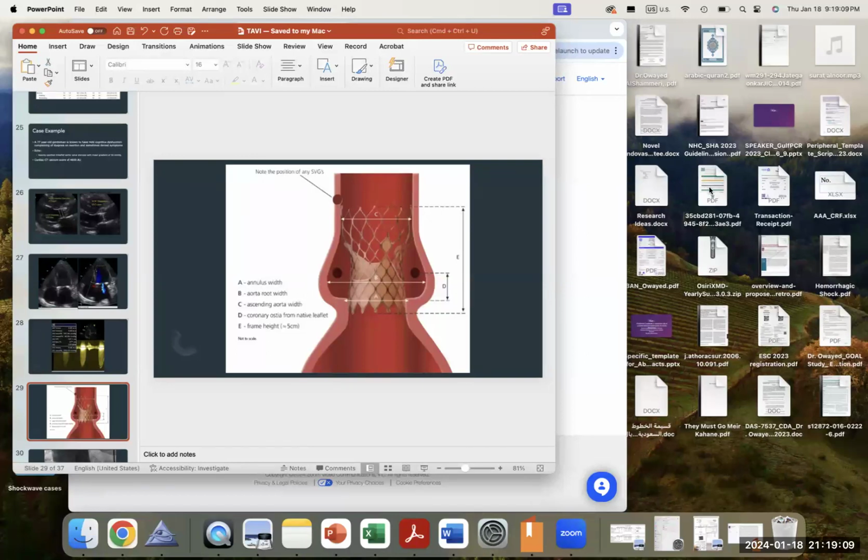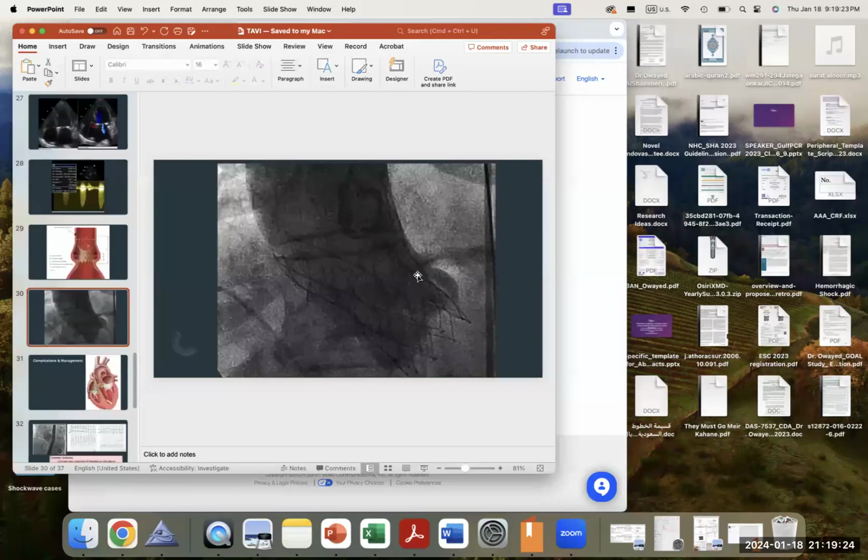How about which type of TAVR valve is easiest for coronary angiogram? There are two types of valves. With this valve, if you see here, in order to reach the coronaries you have to get the catheter across the struts, so it's difficult.